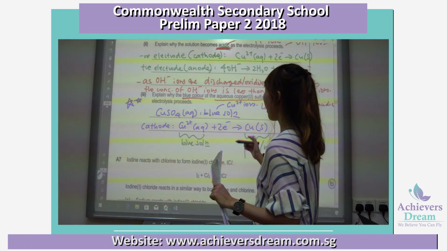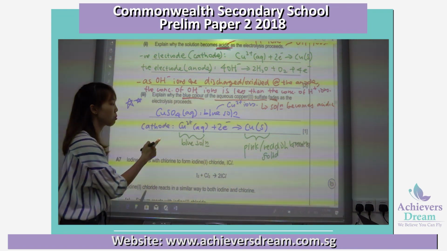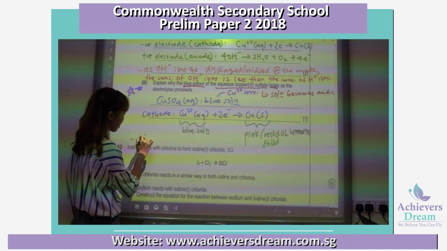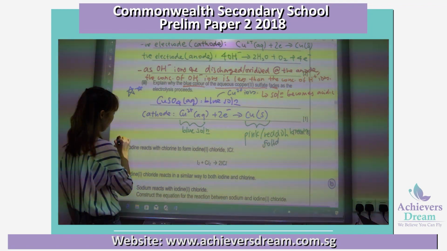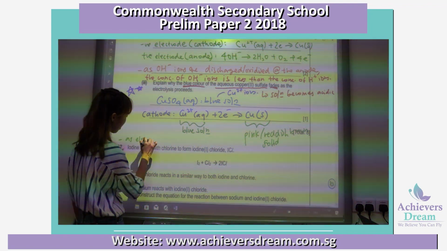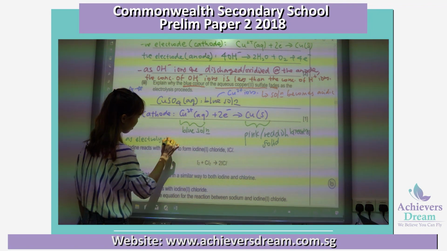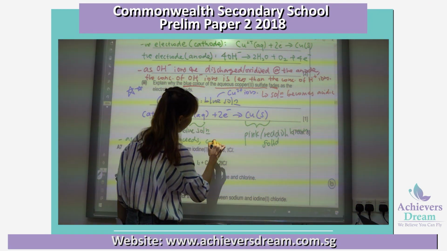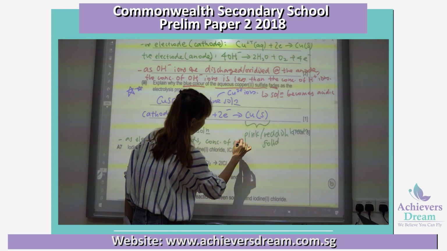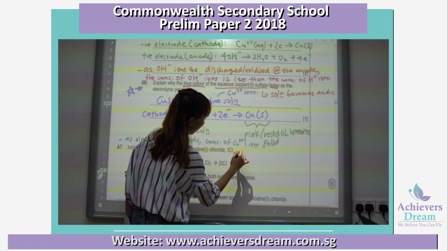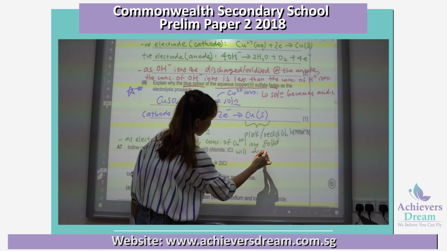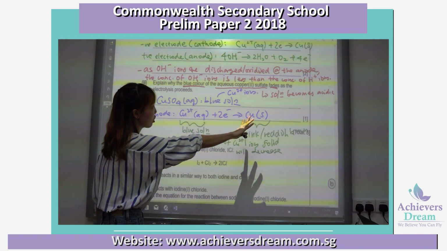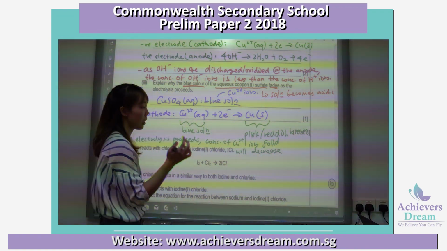So, as electrolysis proceeds, what happens to the concentration of your Cu2+ ions? The concentration of Cu2+ ions will decrease, because your Cu2+ ions are being discharged to form your copper solid.